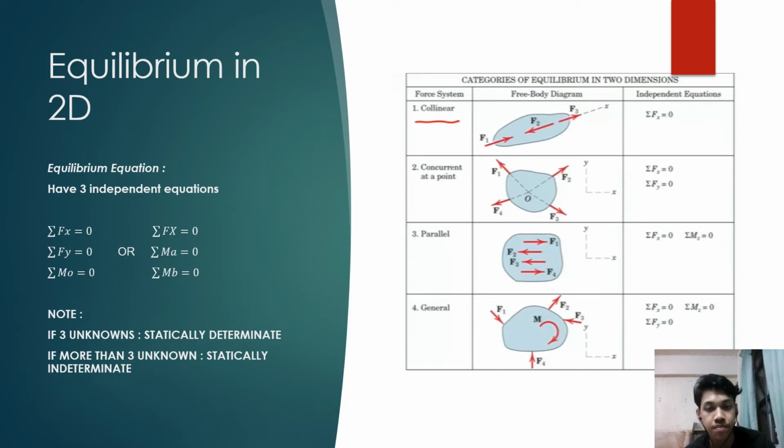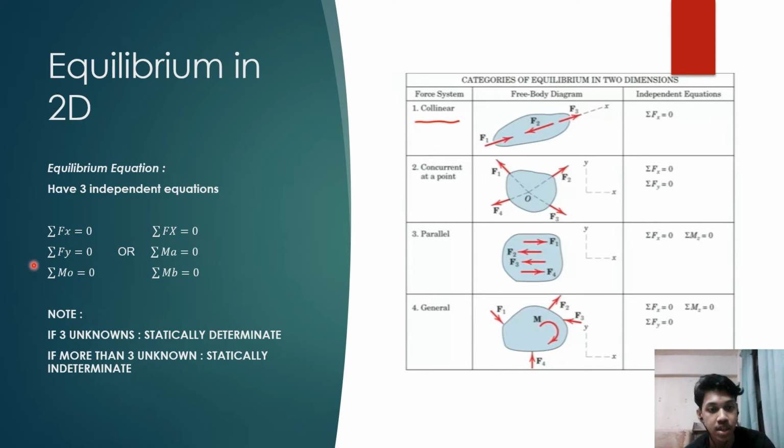Next, for the equilibrium equations, equilibrium in 2D has three independent equations, which, like I said, are the summation of Fx equal to 0, Fy equal to 0, and the summation of moment equal to 0.